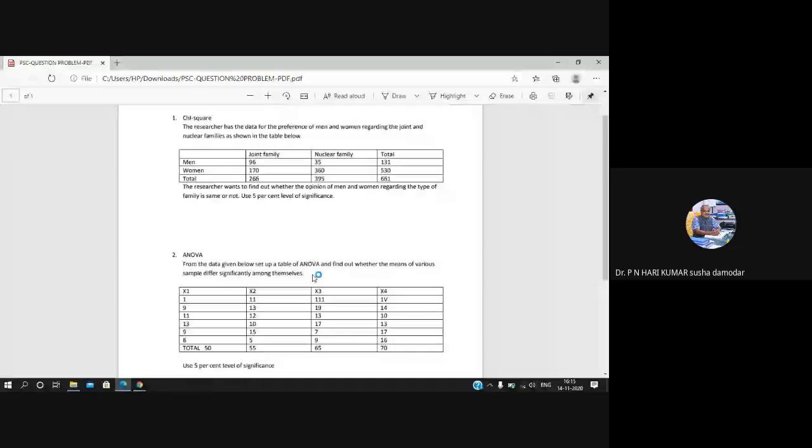So these are frequency distributions, not values, because there are two categorical variables: family type, joint family and nuclear family, and gender, men and women. So here row wise two categories and column wise two categories. Here the scale is usually nominal scale. When we use nominal scale, definitely we will have only frequency distribution. It will not give normal distribution.